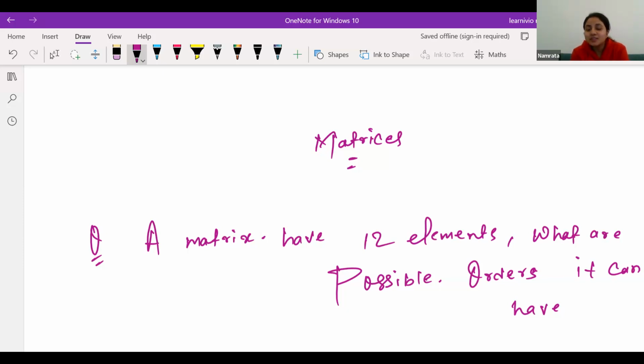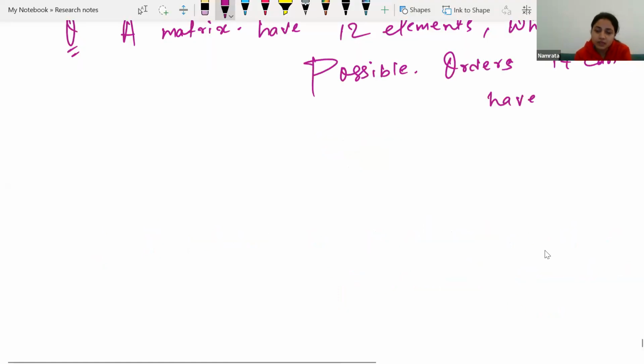So what are the possible orders? If there are 12 elements, what are the possible orders?